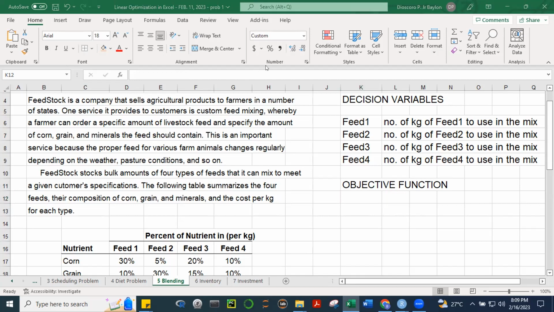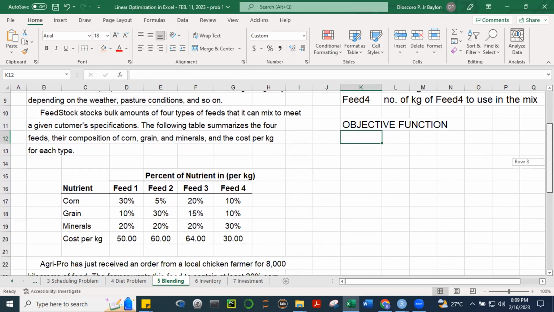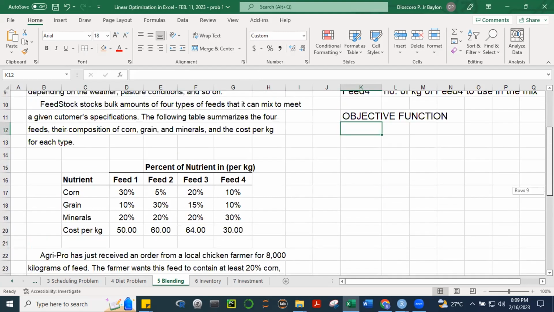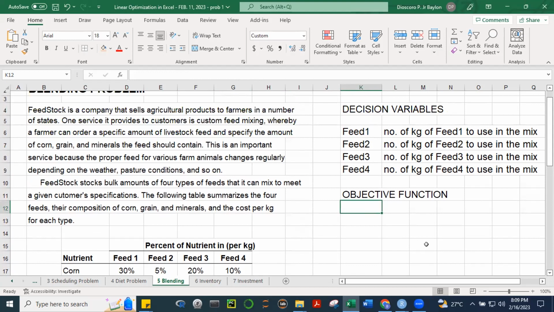Okay, thank you. Clearly, this is a minimization problem, di ba? Kasi what's given is, we're not given the contribution margin. We're given rather the cost. So we would like to have an output of 8,000 kilograms of feed at the least amount of cost. So this is a minimization problem, means Z is equal to.